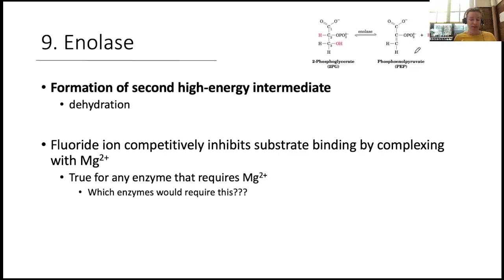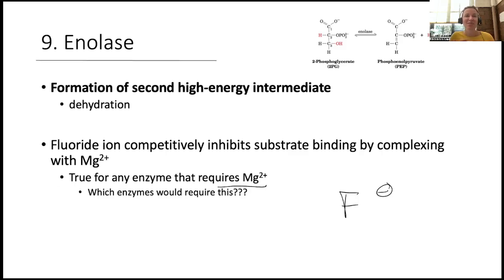Something interesting about this enzyme, folks, but not just this enzyme, it's really any enzyme that requires magnesium, is it can be competitively inhibited by fluoride ion. Right? Fluoride ion, oops. You know, sometimes it's been a long time since I've thought about the periodic table. That was not the correct abbreviation for fluorine.